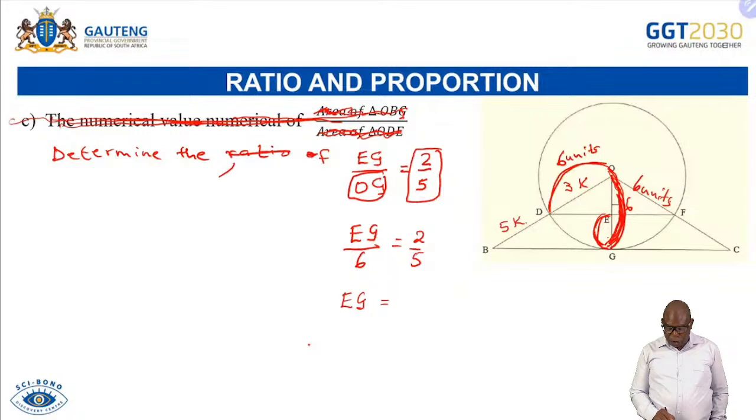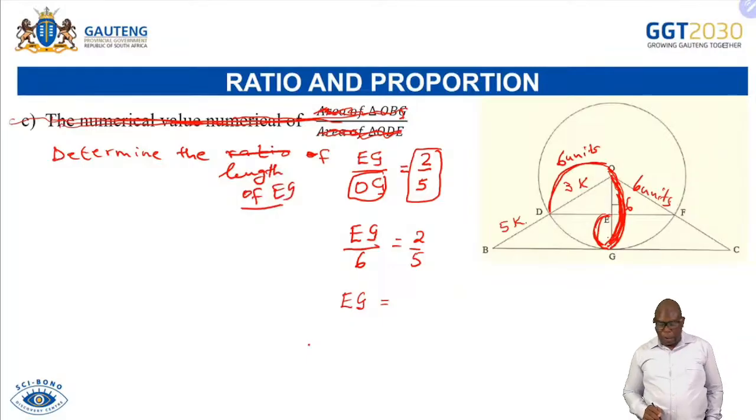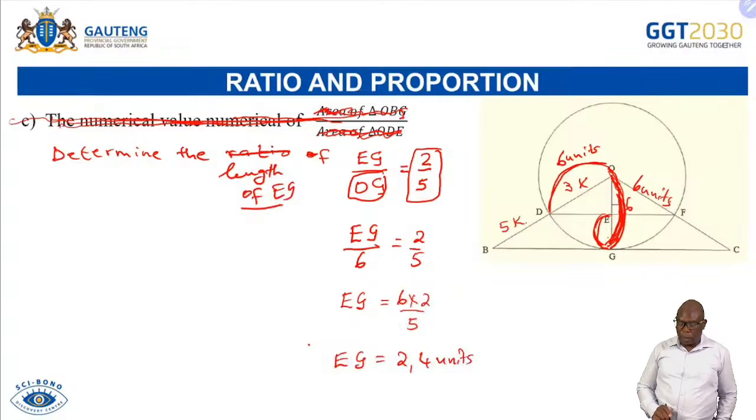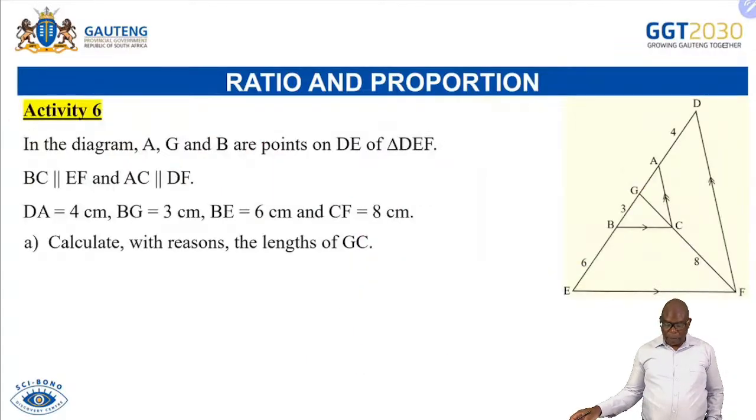The length of EG will be equal to 6 multiplied by 2 divided by 5, and the length of EG will be equal to 2.4 units. Okay. So EG over OG will be 2 over 5, 2K over 5K, and the length of EG will be 2.4 units. All right.